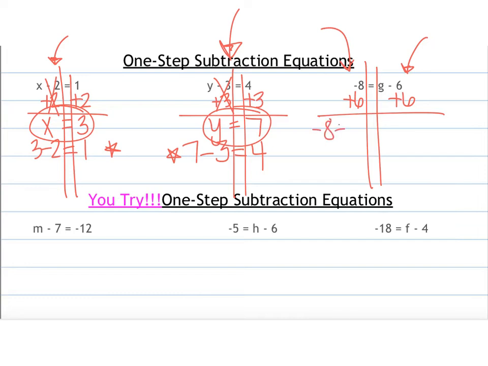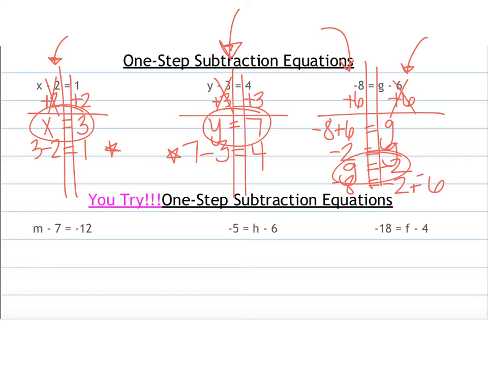So negative 8 plus 6 equals G. And then I know negative 8 plus 6, so I'm going to the right towards 0 on a number line. 6 jumps, so I end up at negative 2 equals G, and then I'm going to flip it around, and now I can put it back in. So negative 8 equals negative 2 minus 6. Negative 2 plus negative 6 does equal negative 8, so G equals negative 2.